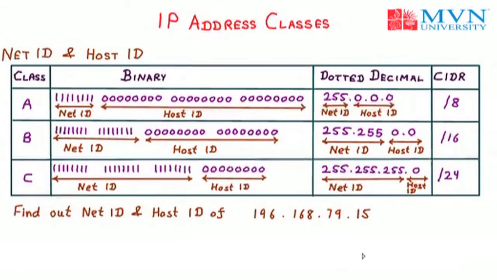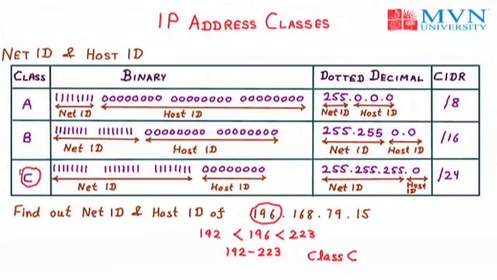This is my IPv4 address, and we will check the first octet. Here the first octet is 196, and this 196 is in the range of 192 to 223, which represents that it is a class C IP address.